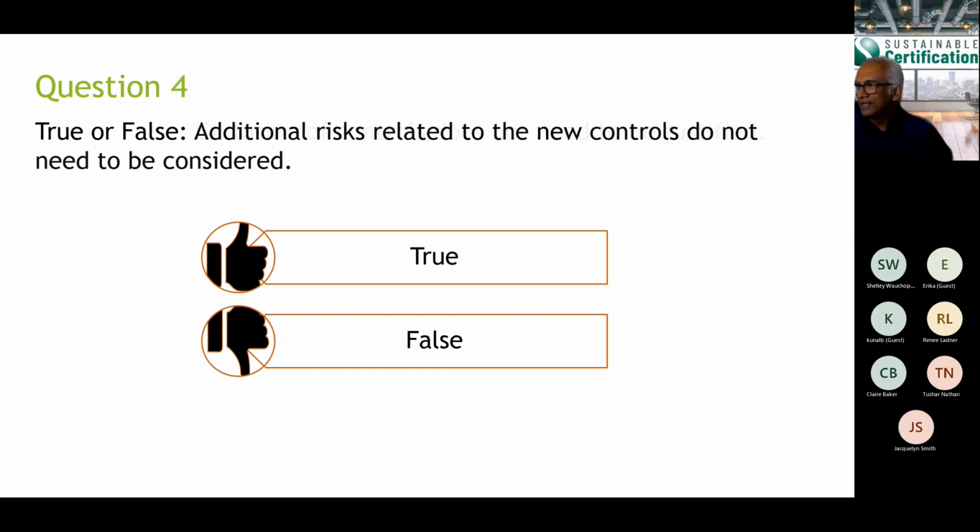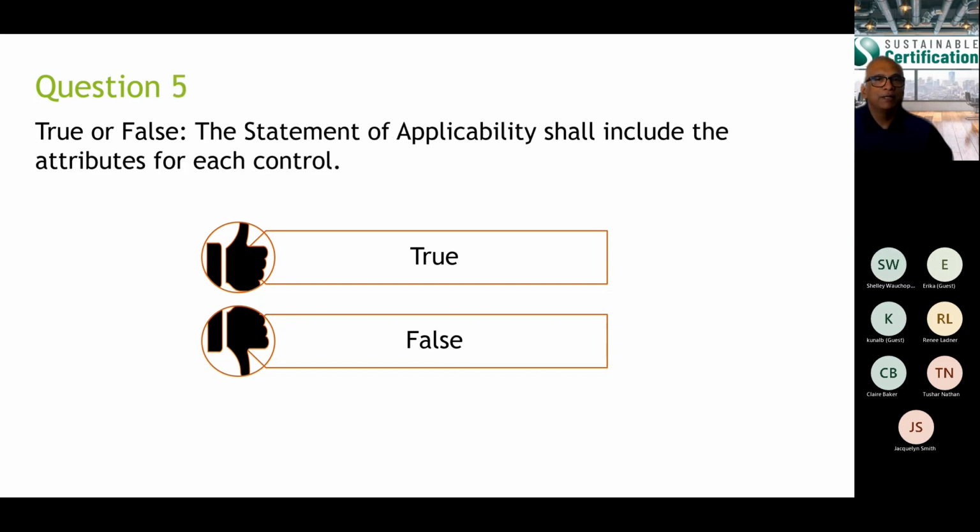Right, 100%. Fourth, true or false: additional risk related to the new control does not need to be considered. False. 100%. Then, the statement of applicability shall include the attributes for each control. True. 100%.